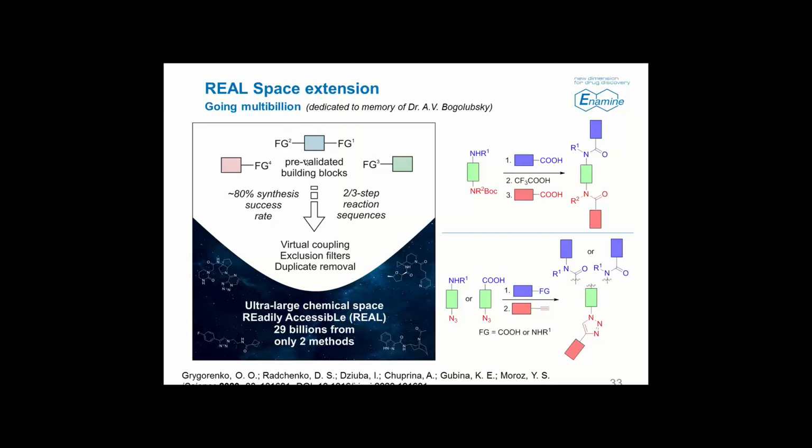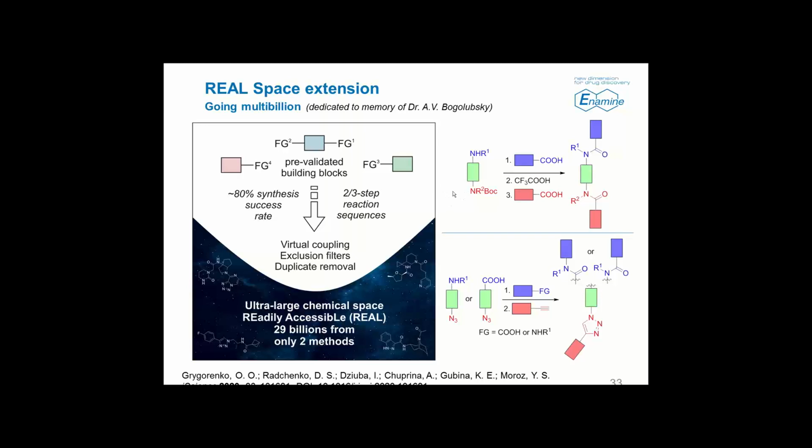We use bifunctional building blocks that have validated reactivity and perform the stepwise functionalization in a one-pot manner. We have used several reaction sequences to achieve this type of chemistry, to achieve this disconnection, which is shown here.